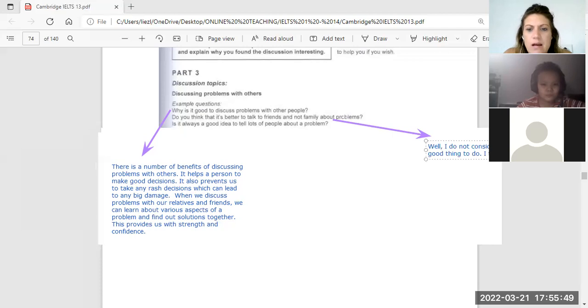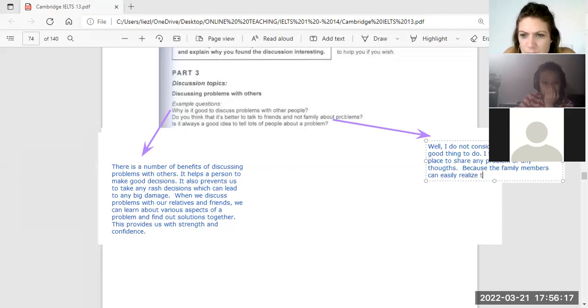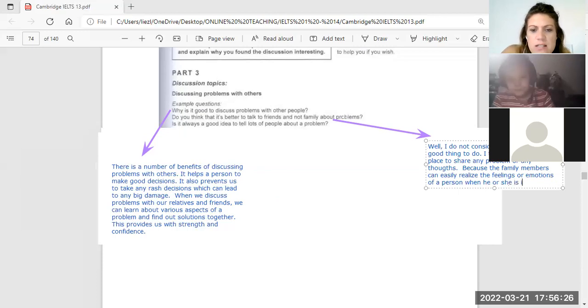I think family is the first place to share any problem or any thoughts, because the family members can easily realize the feelings or emotions of a person when he or she has a problem.